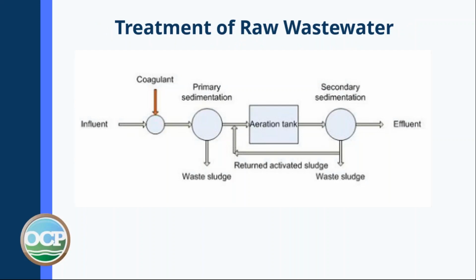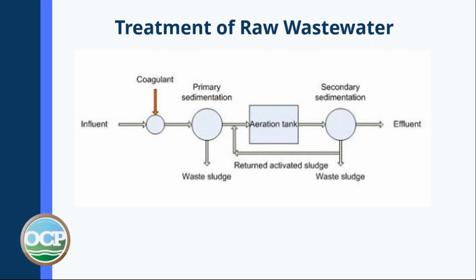Treatment of raw wastewater. Here's your treatment scheme. The influent comes in. It's mixed with the coagulant you're using, either lime or the aluminum sulfates or iron. It allows the coagulation to happen. Then, as it goes into the primary sedimentation tank, those solids will come out and go to the waste sludge.